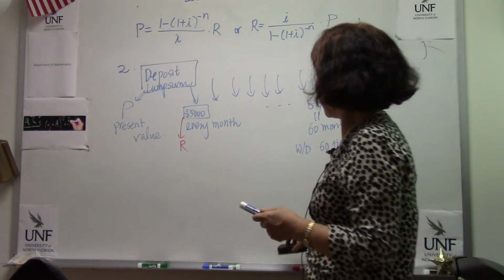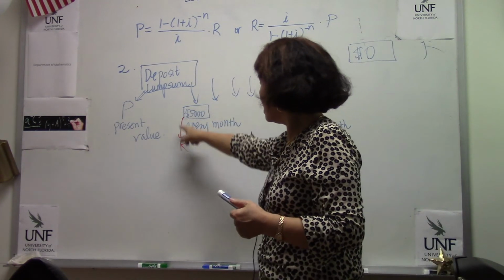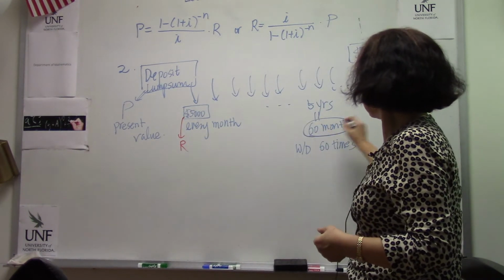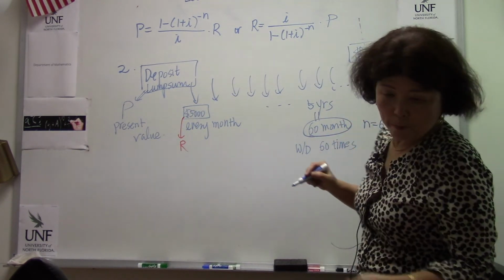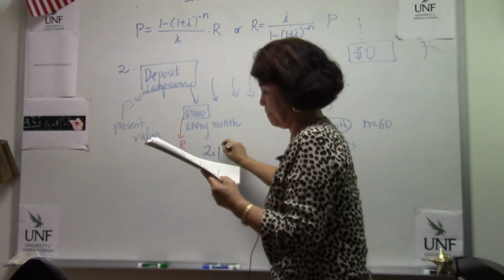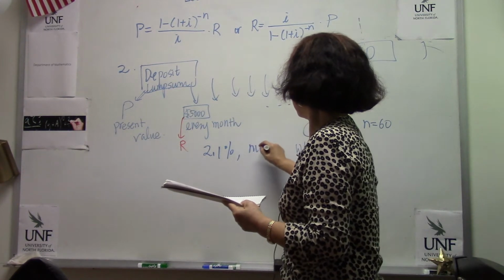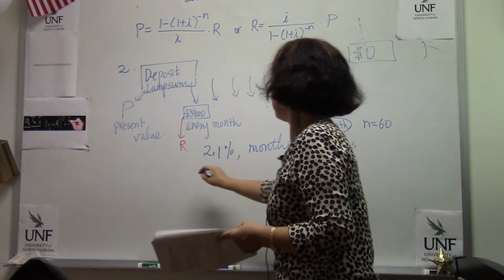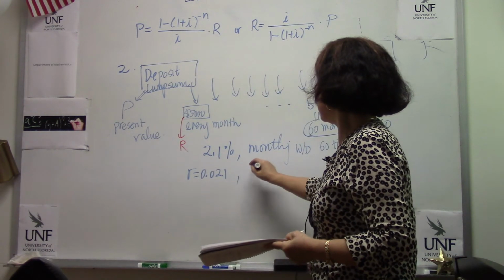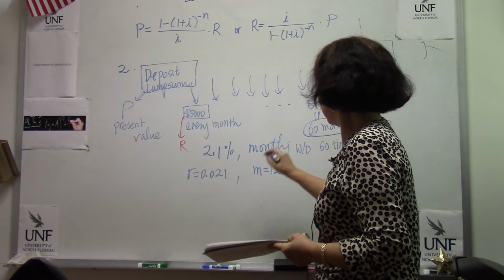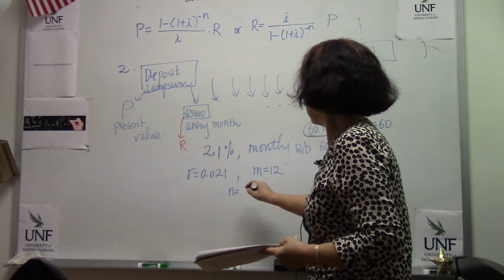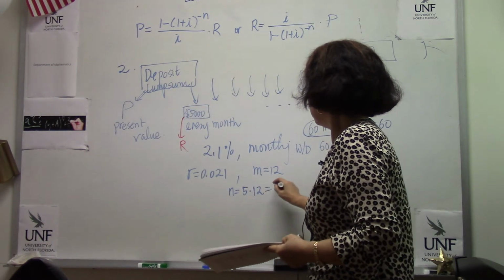So in this case, 5,000 is R, this is P, and 60 months, so N equals 60, and let's say 2.1% compounded monthly. So that means the rate equals 0.021, and monthly makes M equals 12, and N equals 5 times 12, that gives you 60.